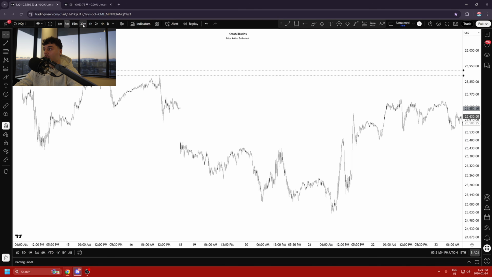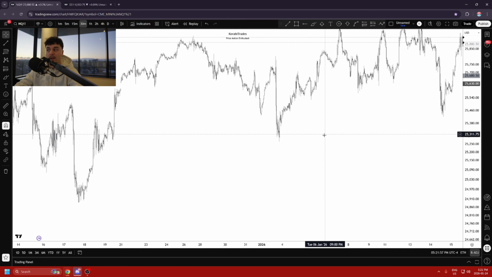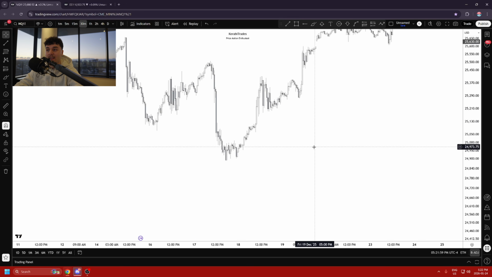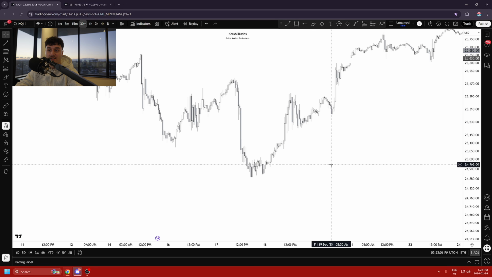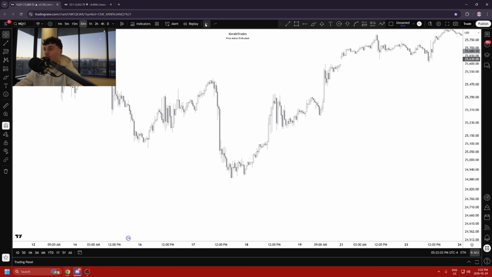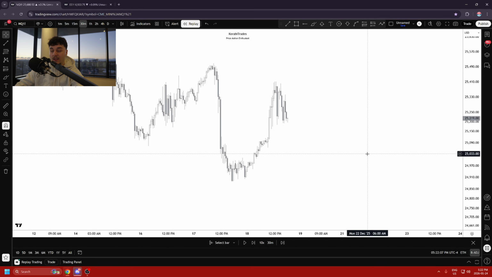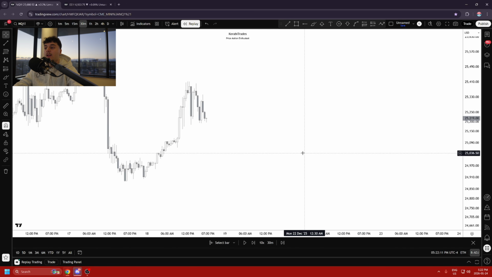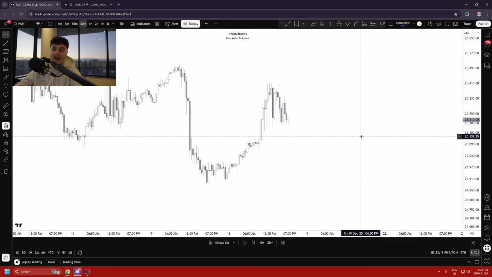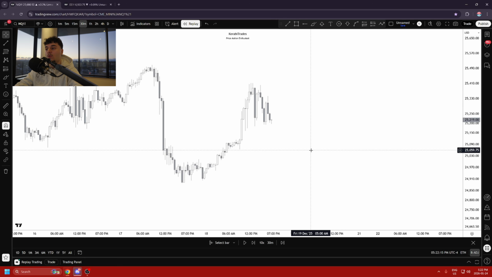Essentially, you'll have a multi-time frame fair value or imbalance aligning in the same area and same price range, etc., right?